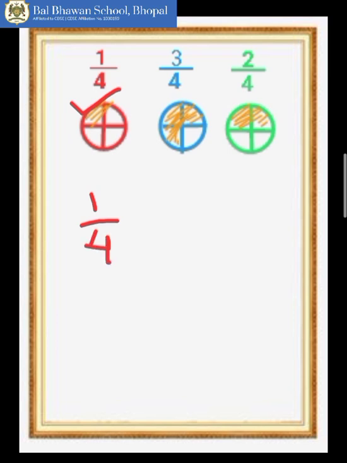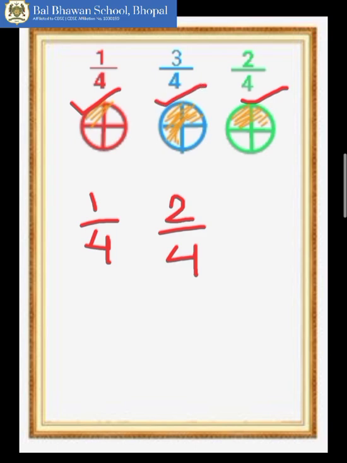Which is the next, children? Yes, the picture with 2 portions shaded is the next one, that is fraction 2 by 4. And children, which will be the last one? Yes, the picture which has 3 portions shaded.